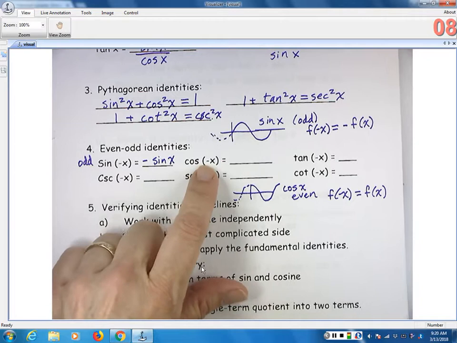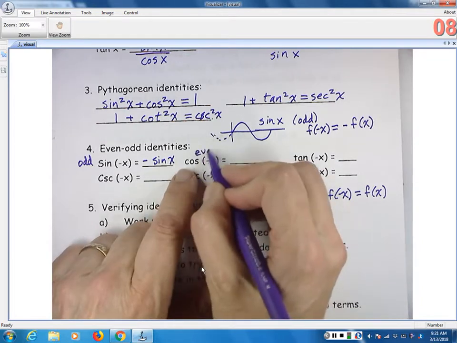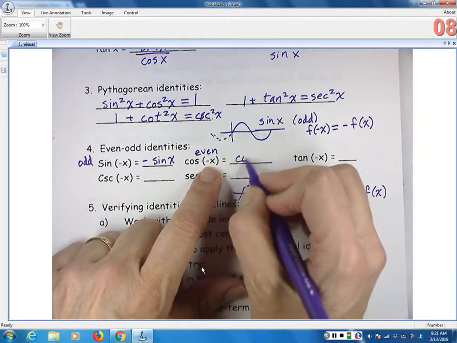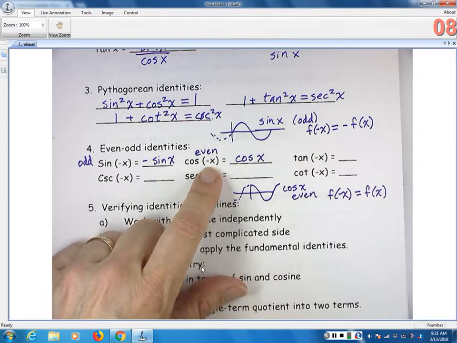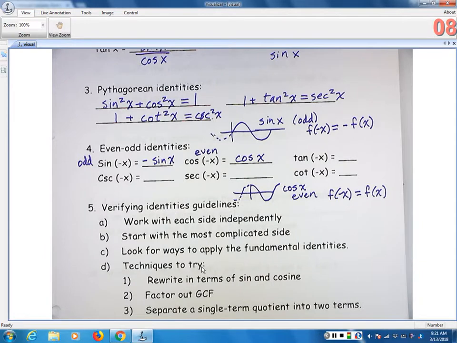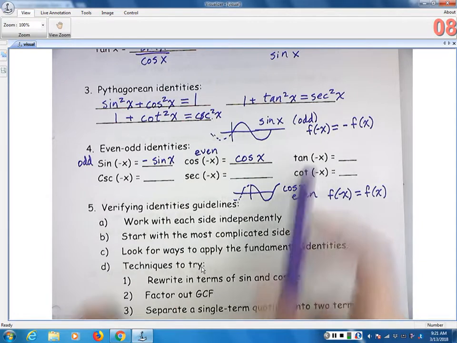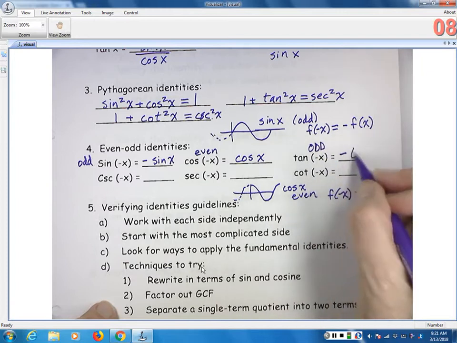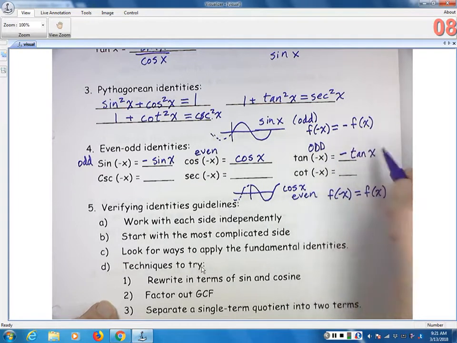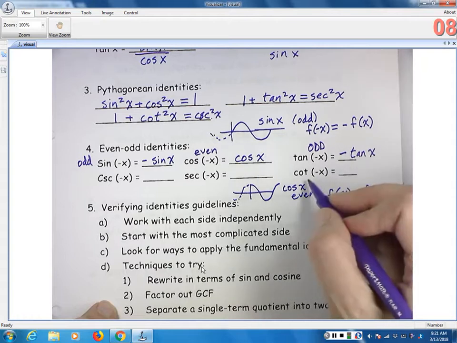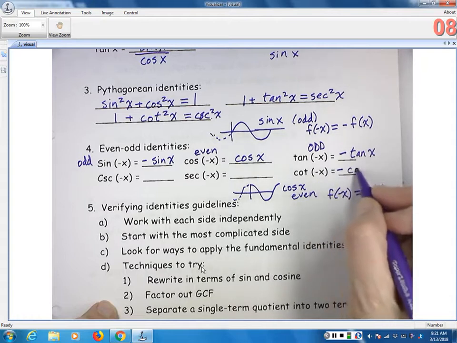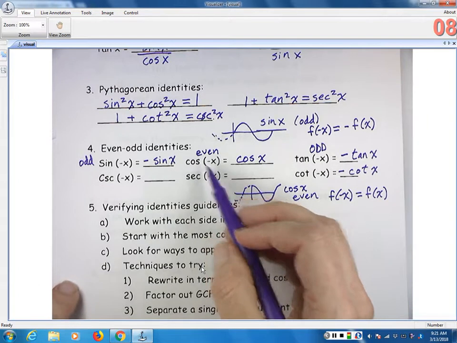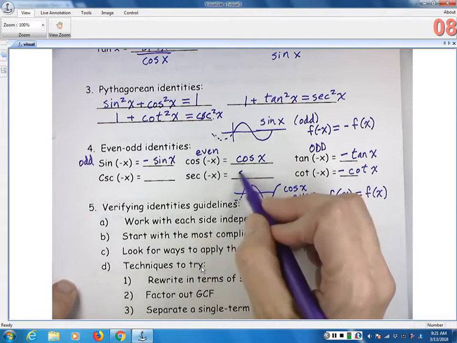Since cosine is an even function, cosine of negative x equals cosine of x. You can check it in your calculator to see if the graph looks like that. Tangent is odd, so it's minus tangent of x. Cotangent is odd also, so minus cotangent of x. Secant is 1 over cosine, so it's even. So it equals secant x.